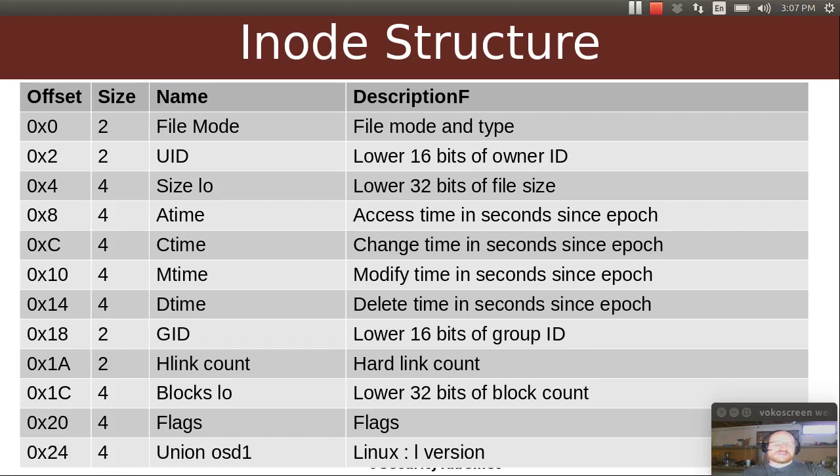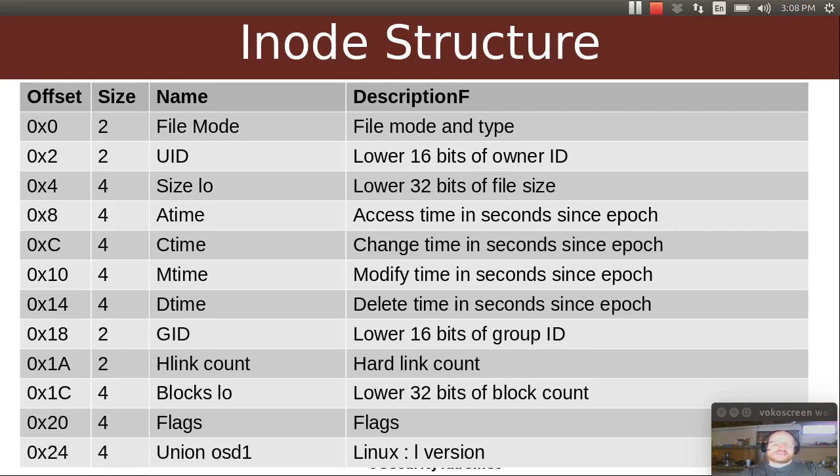We don't care about symbolic links here. We just need to know hard links so that when the last hard link has been removed, we can delete the file. How many blocks are used by this inode?